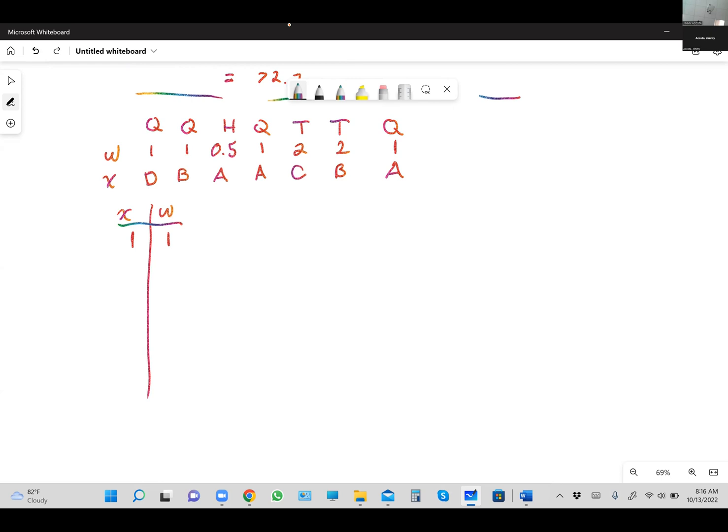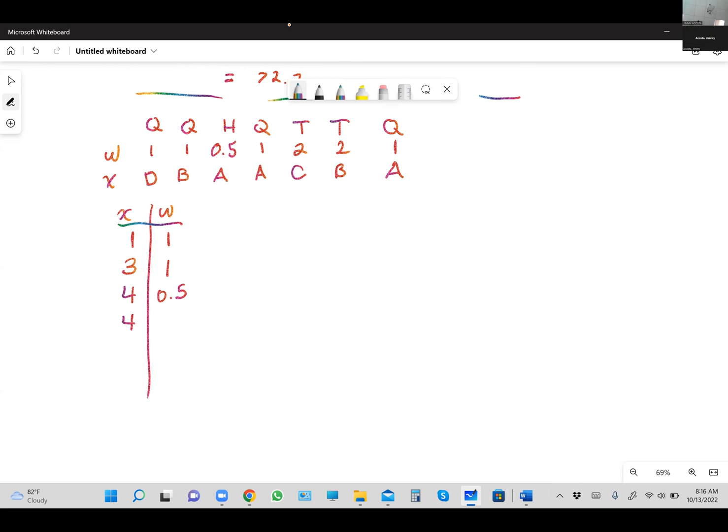So how much is a B worth? 3. What's the weight of that quiz? 1. Now, the next was a homework grade. It's an A. How many points is that worth? 4. What is the weight of the homework? 0.5. The next one is a quiz, an A, that's a 4.